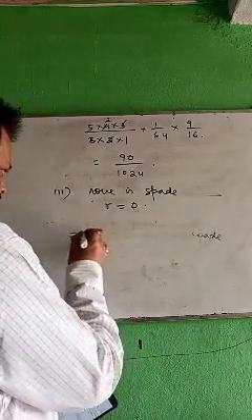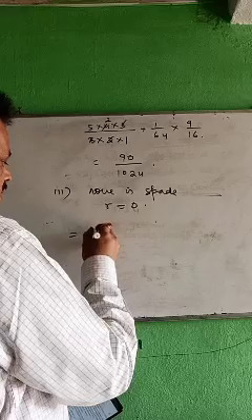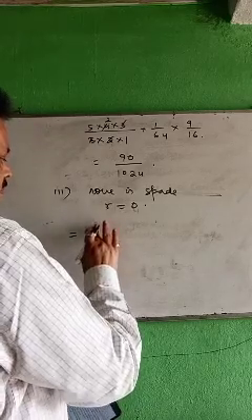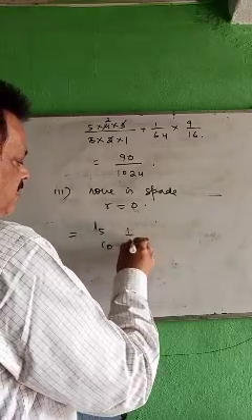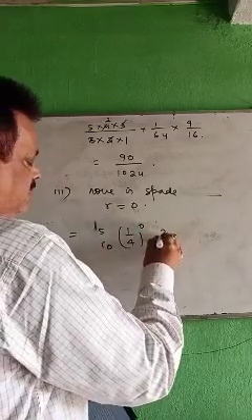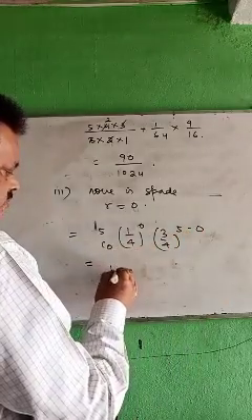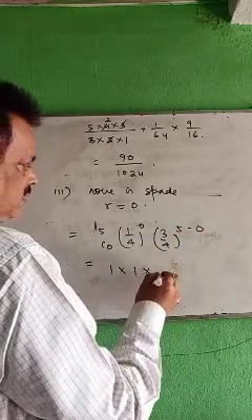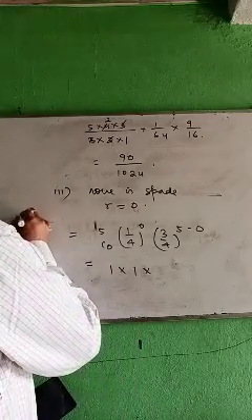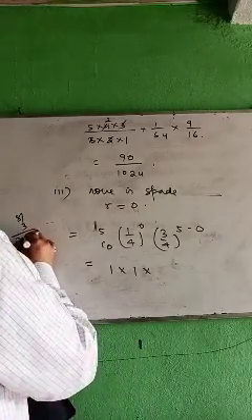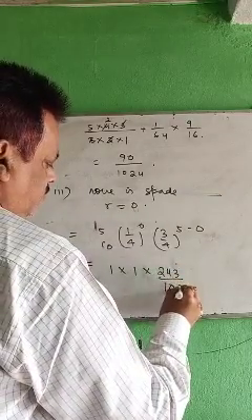You will get nC0, that is 5C0, 1 by 4 power 0, 3 by 4 power 5 minus 0. This is 1, this is 1, this is 3 power 5, 3, 9, 27, 81, 243. 243 by 1024.